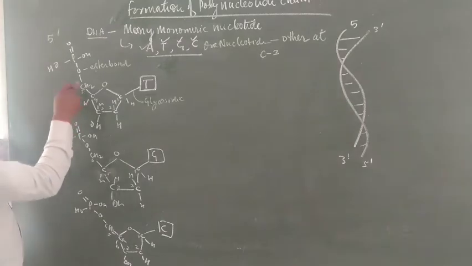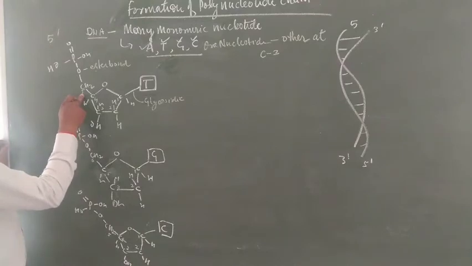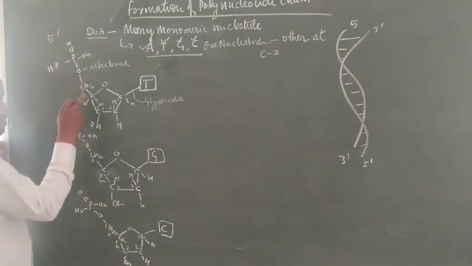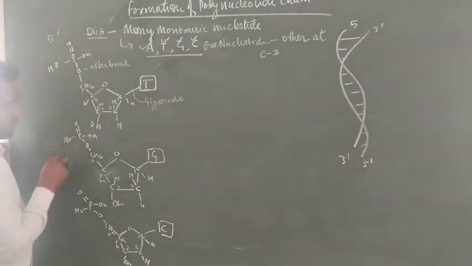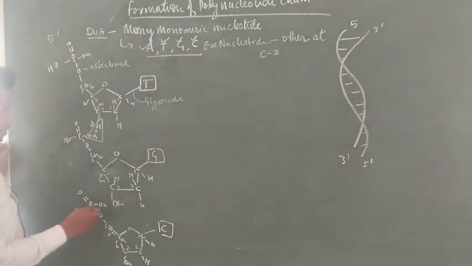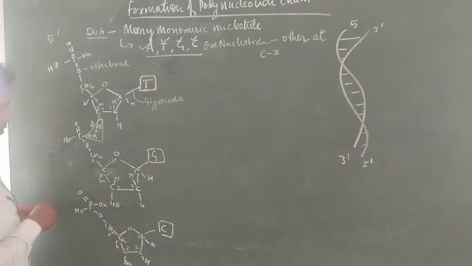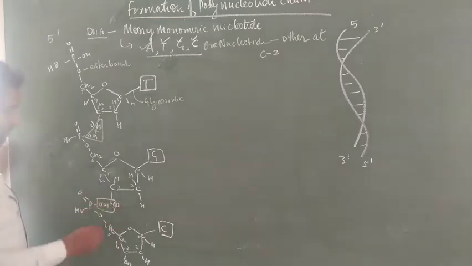It indicates the phosphate position at the 5' end. This 5-carbon phosphate is attached at this point with an ester bond, and this is carbon position 3 where another phosphate is going to join, with the help of an ester bond. And another 3' end is open.